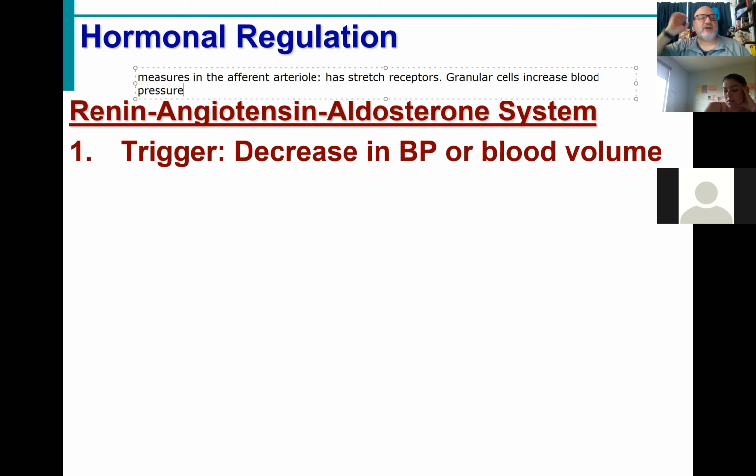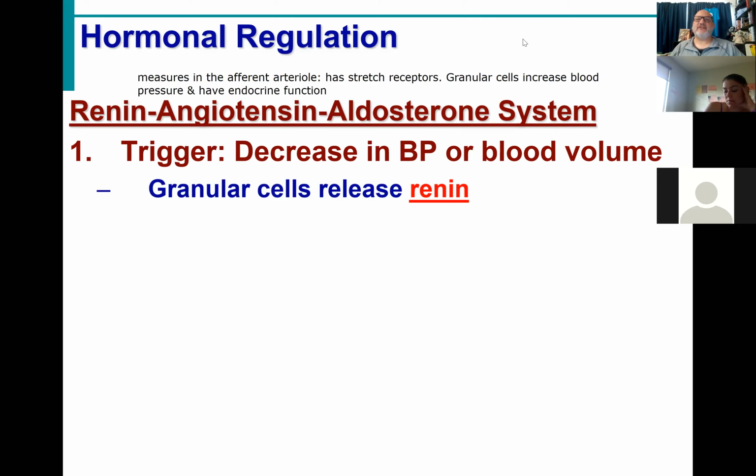But these granular cells, remember, also have an endocrine function. And in this case, they are going to release, and I've said this term a couple times, but I don't think I've written it out yet, renin. This is a hormone-like protein.